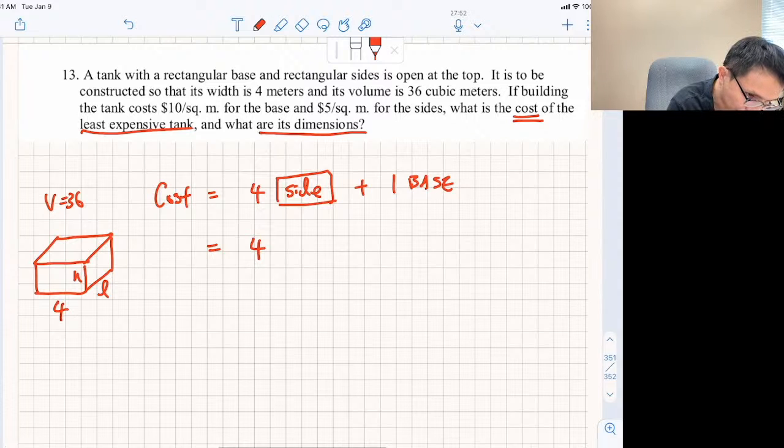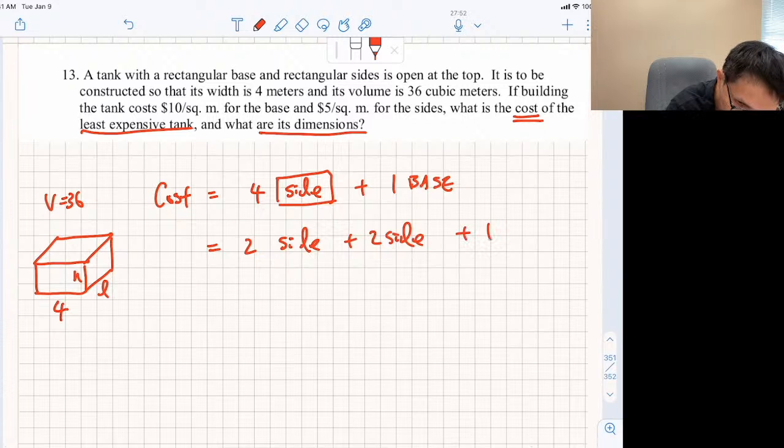There are first of all four sides, so we're going to split them into two sides plus two sides, plus one base.